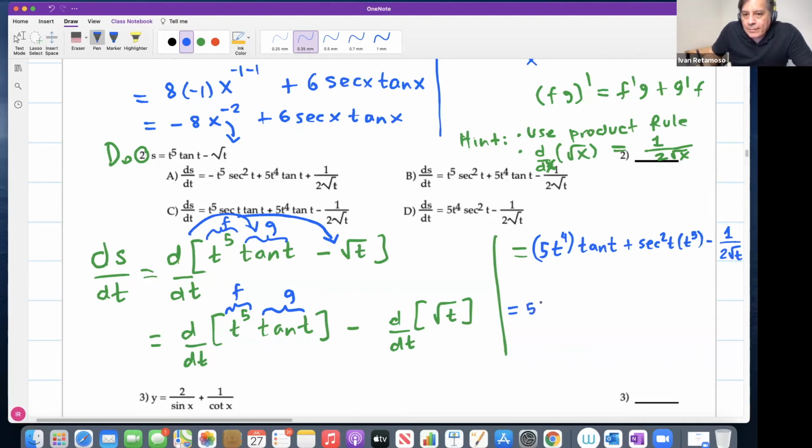Remember, follow this mathematical agreement: the simple functions first, followed by the complicated ones. Simple function t to the 5th power, followed by complicated function secant squared of t, and this minus 1 over 2 square root of t.